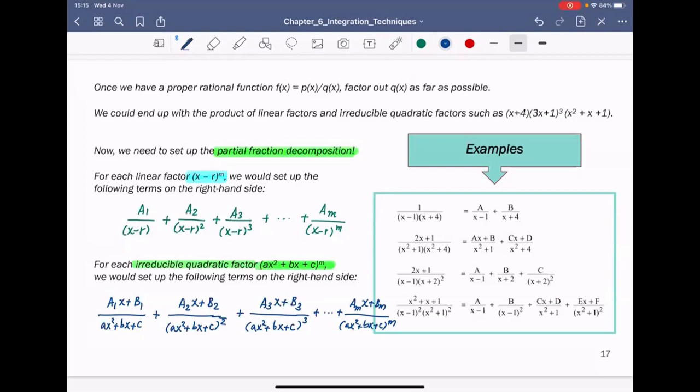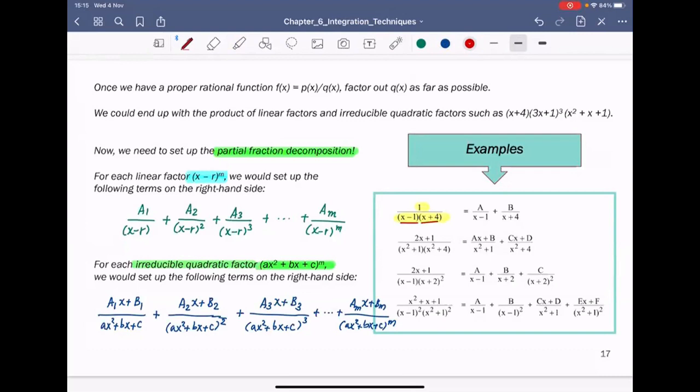I'm going to show you some examples that we wrote here. This is how we do the decomposition. Let's say I have 1 over (x minus 1) times (x plus 4). You can see that on the denominator, I have x minus 1 and x plus 4. Both of these are just linear factors.